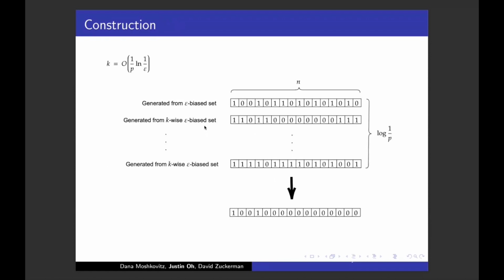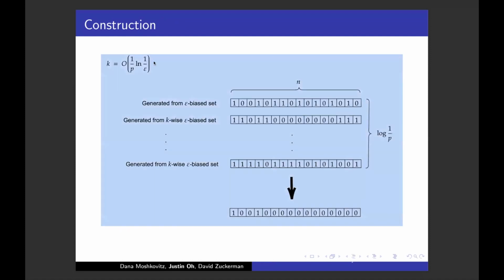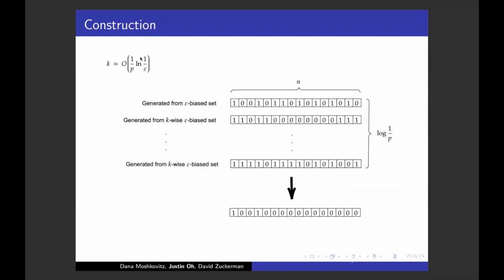So here's our new construction. Again, we're setting this k to be something like 1 over p log 1 over epsilon. And now we're altering the construction so that we're generating a single string from an epsilon bias set, and then independently the rest of the strings are generated from a k-wise epsilon bias set.